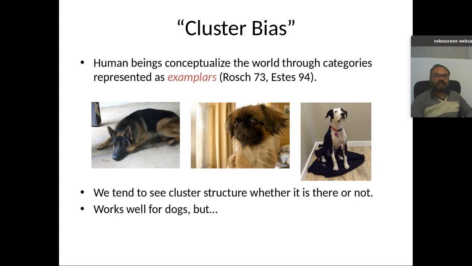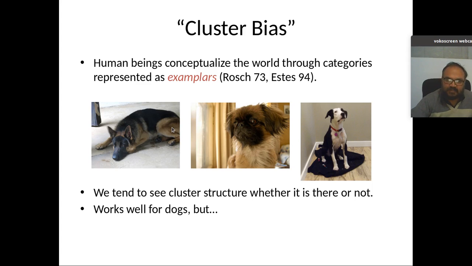Then, okay, cluster bias is a problem with the clustering. It's an issue. As human beings, we conceptualize the world through categories which are represented as exemplars. For example, all the animals that look like this are called dogs, even if they have strong dissimilarities even between them.